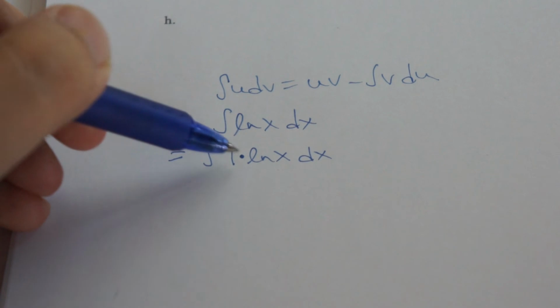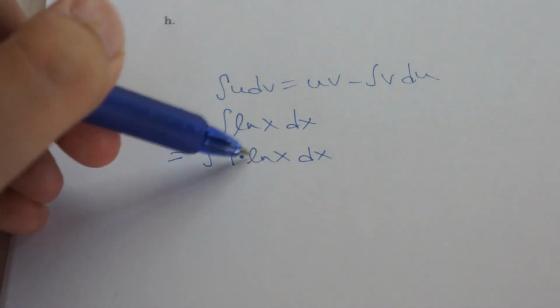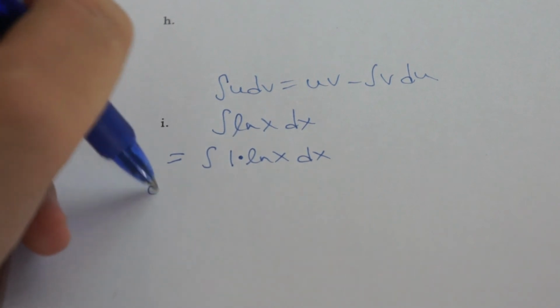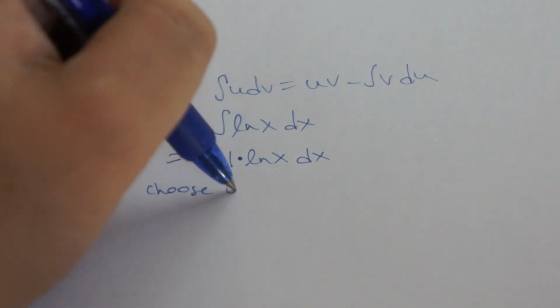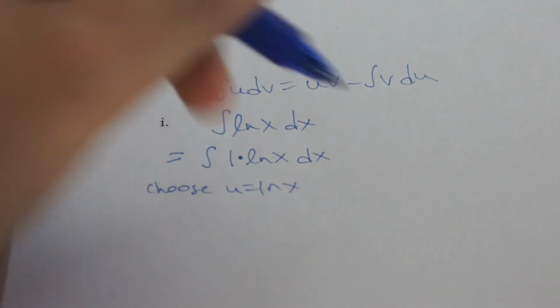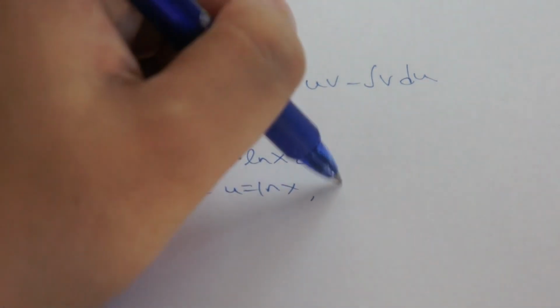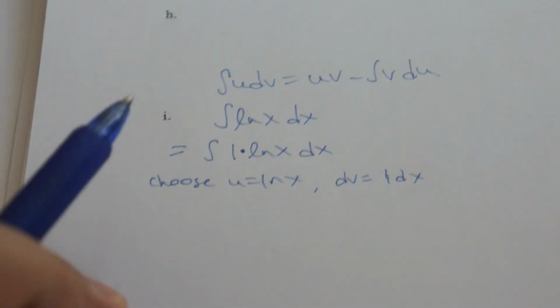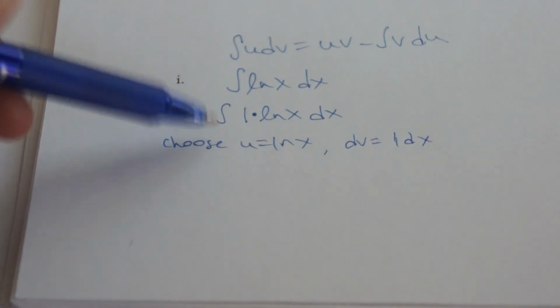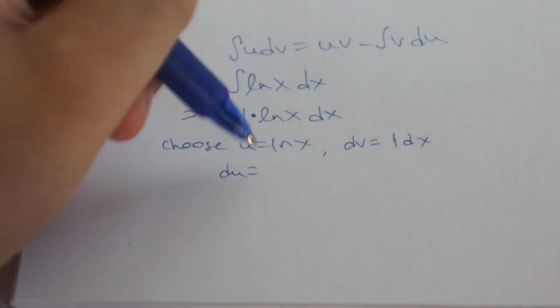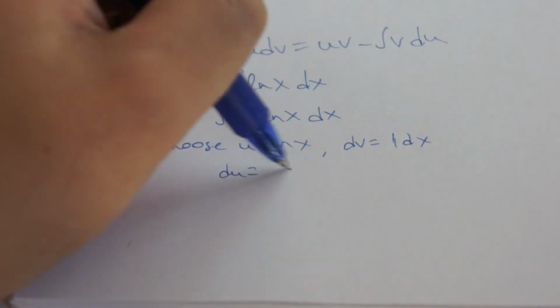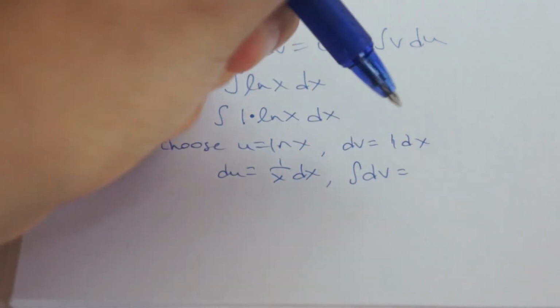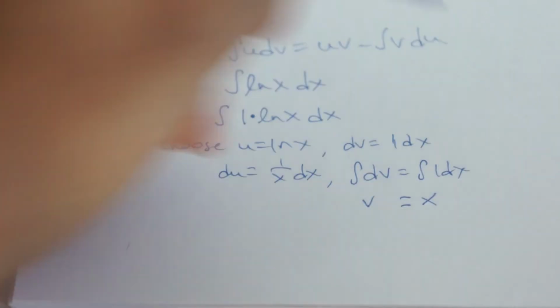If it is a number and also ln x, we can simply choose u to be ln x, because it is more difficult to integrate, while for dv we choose the 1. Then we have to find du: differentiate this one time and we get 1 over x. If you would like to find v, integrate 1 one time. If we integrate the 1, that means x, so v should be x.